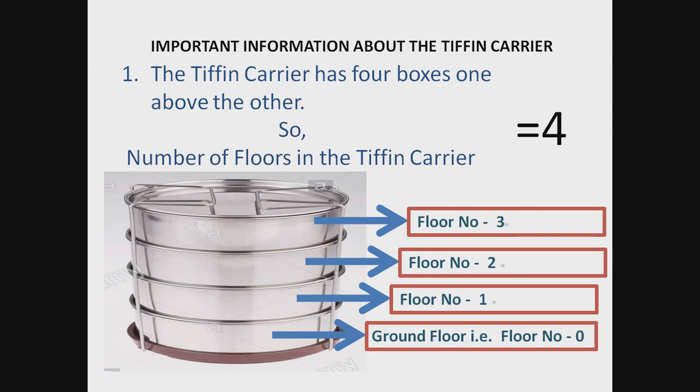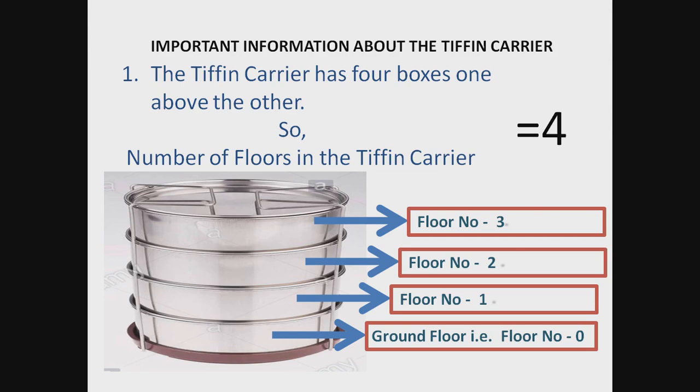So now if I say that this is not a tiffin carrier, this is a list, then 0 is the subscript number for the first box, 1 is the subscript number of the second box, 2 is the subscript number of the third box, and 3 is the subscript number for the fourth box.